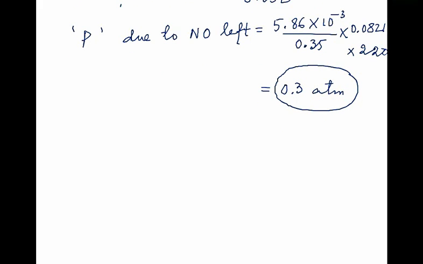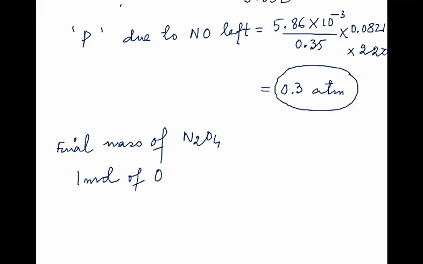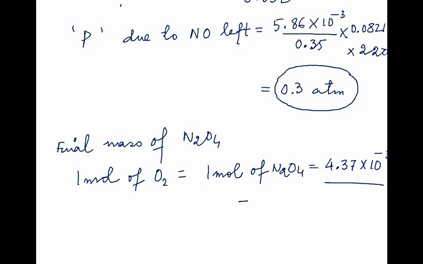Now secondly, we have to calculate the final mass of N2O4. This can be calculated as follows. 1 mole of oxygen is equal to 1 mole of N2O4, which is equal to 4.37 multiplied by 10 to the power of minus 3, which is equal to 92 multiplied by 4.37 multiplied by 10 to the power of minus 3.